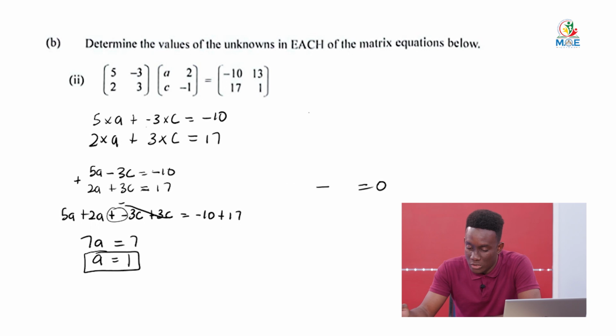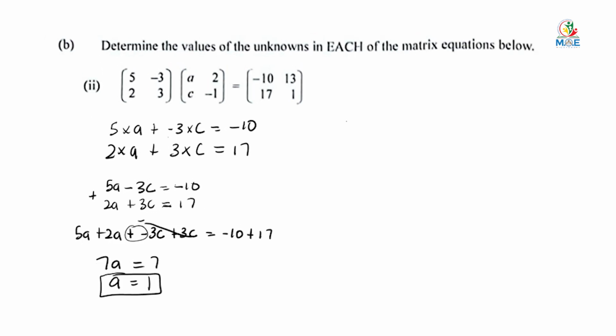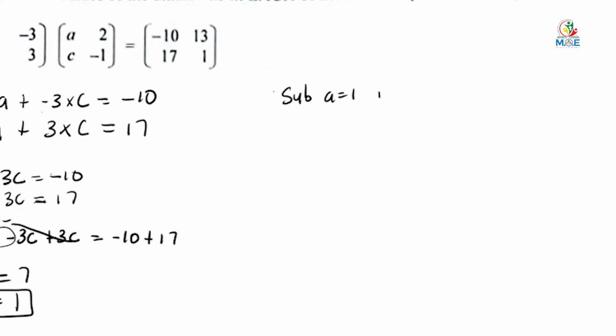If a is equal to 1, then we can use that value to find c. So we substitute a equals 1 in equation 1, and we can call this one equation 2. We can substitute it in equation 2 since that's easier, it doesn't matter which one we use. This will be 2 times a, instead of a we'll have 1, plus 3c is equal to 17.